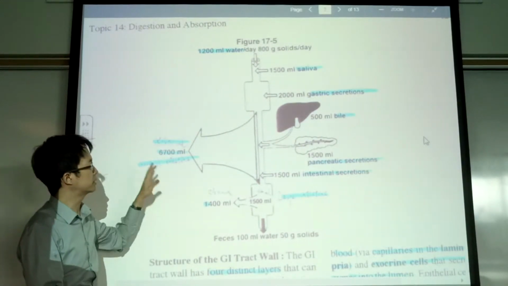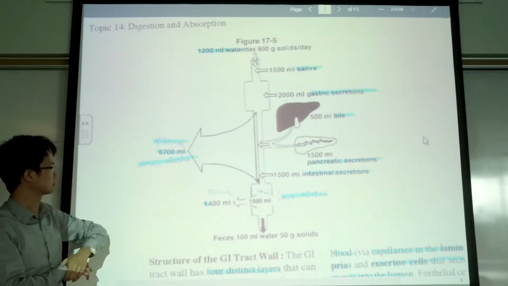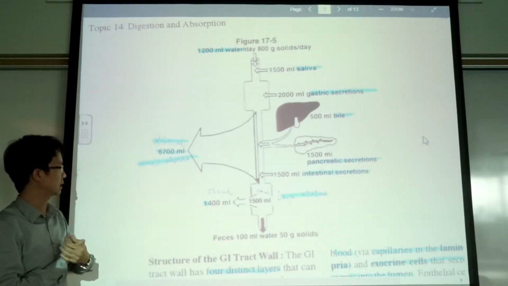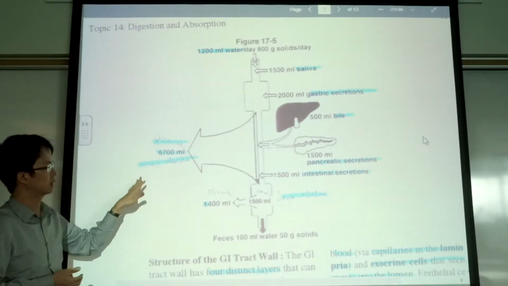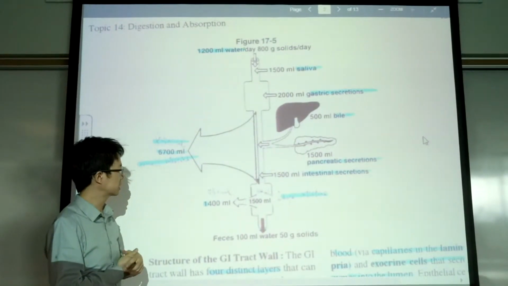And then all these together, we will absorb approximately 6.7 liter. In the small intestine, we will absorb that much back, 6.7 liter.